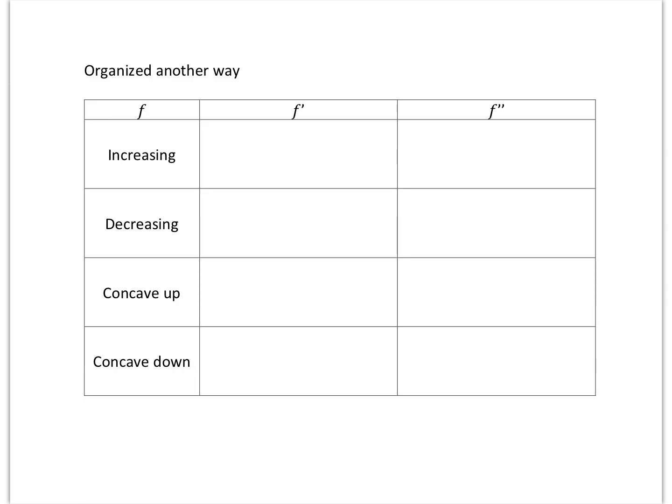When f is increasing, we know that means f prime is positive, and we know nothing about f double prime just from the fact that f is increasing, because f could look increasing like this, concave up, or like that, concave down. Those are both increasing functions f with different concavity. So just because f is increasing tells us nothing about concavity or about f double prime.